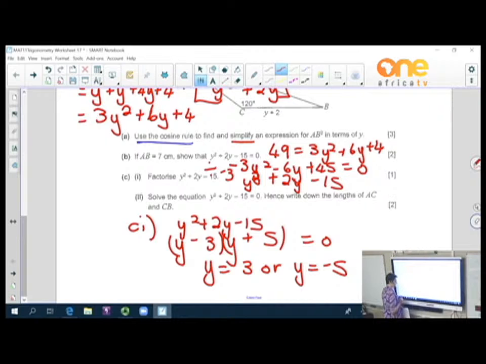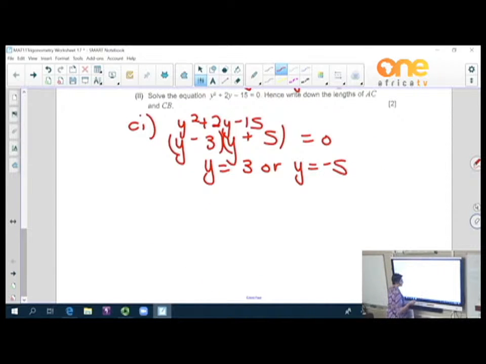Y is equal to 3 or y is equal to -5. And which one do we choose now? Obviously, this one is going to be invalid. So we write that invalid, and you choose the 3. So, and then the other plus 2, which is then 5 meters. So 3 meters and 5 meters.